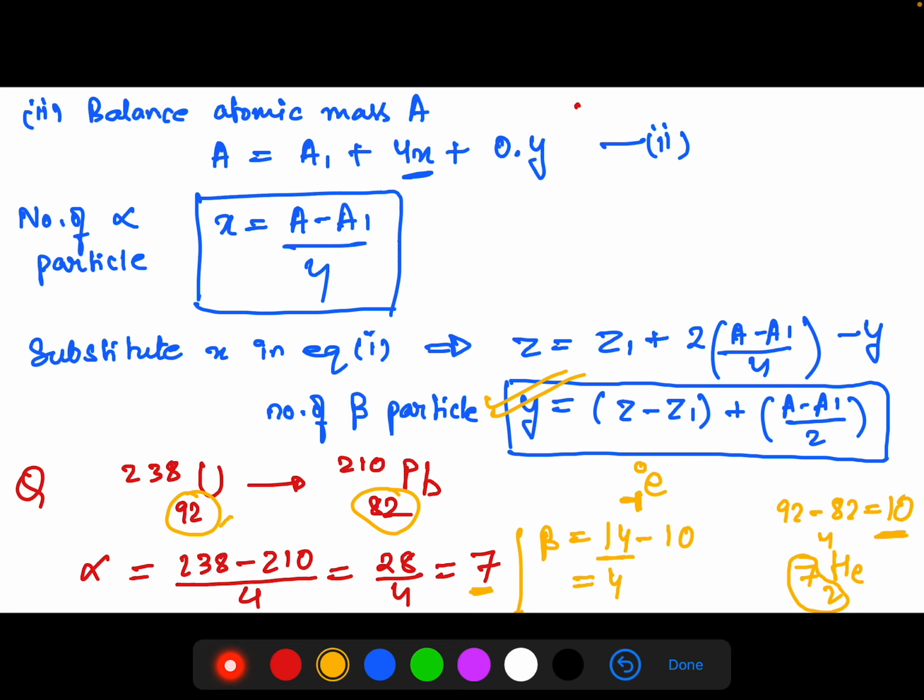So you can do it this way: find the actual difference expected from the number of alpha particles, and then subtract the difference we actually observe. Or simply use the formula.